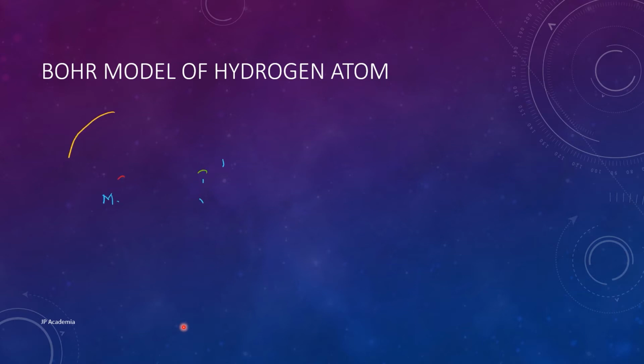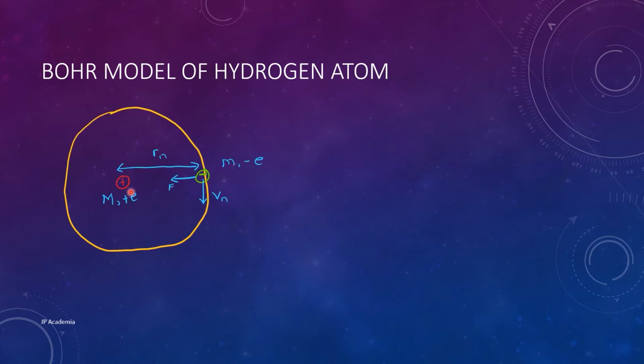We have this model of the hydrogen atom, wherein the proton is assumed to be stationary with mass capital M. Then we have this charge positive e. The electron revolves in a circular orbit of radius Rn and with speed Vn. As the electron orbits around the proton, it has a radially inward acceleration, as shown. So we have a_c equal to Vn squared over Rn.